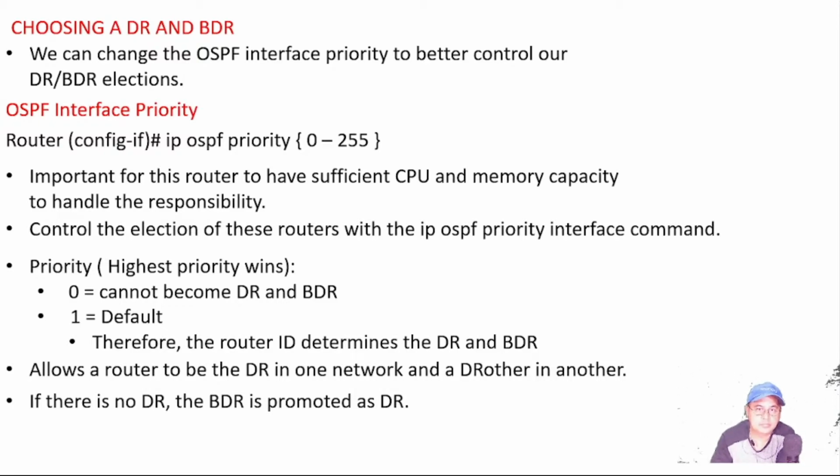Number one is the interface priority. Since all the Cisco routers have a priority of 1, they have equal priority.